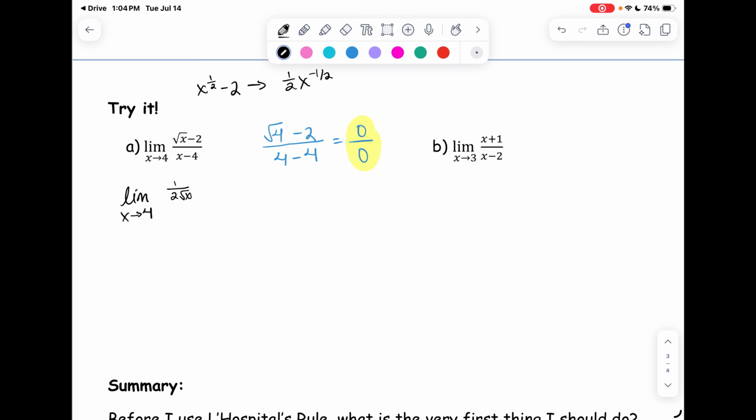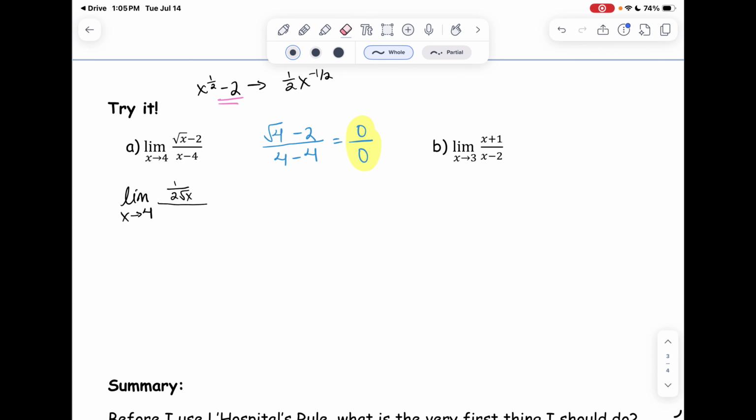So that would send our square root of x to the denominator of the fraction. And the derivative of the minus 2 that we are left with right there is just 0. So in the numerator of our limit, we are just left with 1 over 2 root x.